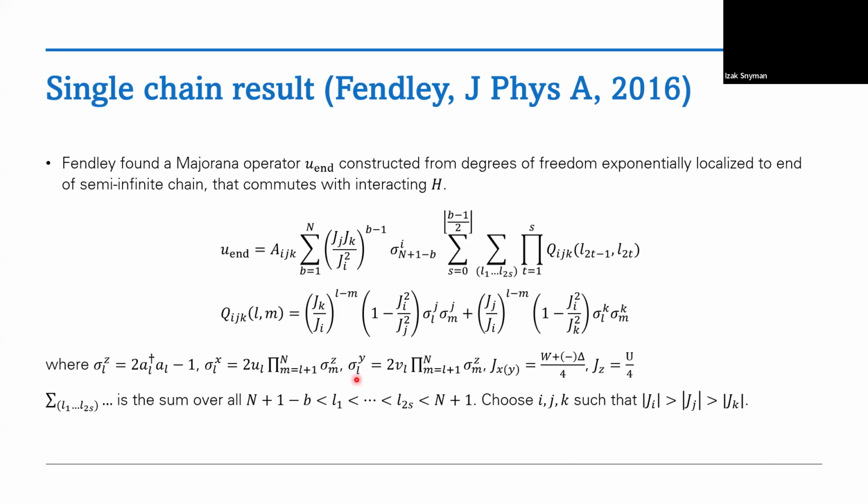So for the single chain, maybe shown in 360, in fact we still have strictly non-interacting zero-energy quasiparticles. We just did it by explicitly constructing them. So this expression that I'm showing you here is the expression for this Majorana operator that was just a linear combination of sigma 1 and sigma A in the toy model.